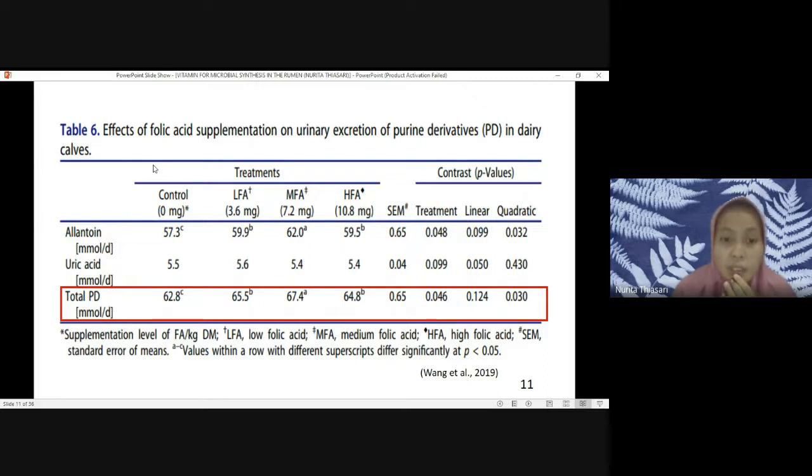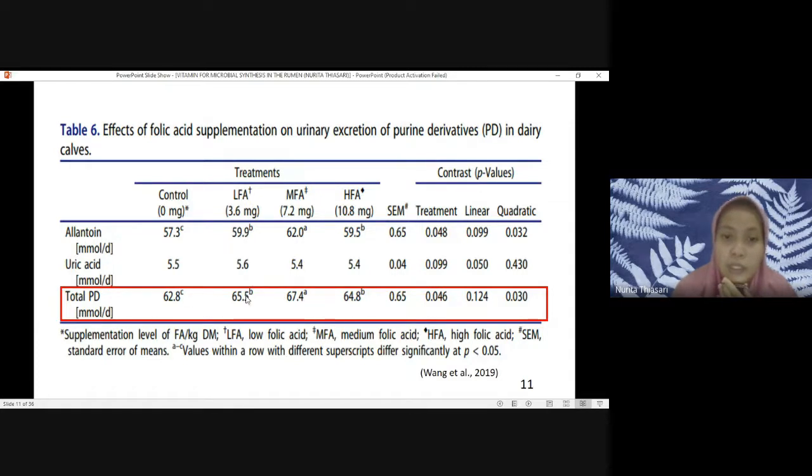And then next is another result of the effect of folic acid supplementation on the urinary excretion of purine derivative in dairy calf. Here, I would like to show that with the increasing of folic acid, for the total purine derivative, compared with the control, there is an increase of the purine derivative.